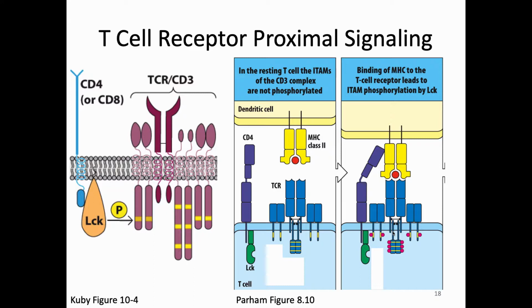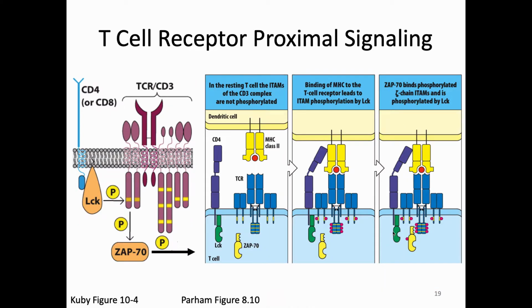And because we have this new binding surface, a new thing can come bind. And so the next thing that will bind in this situation is a protein that's called ZAP70.